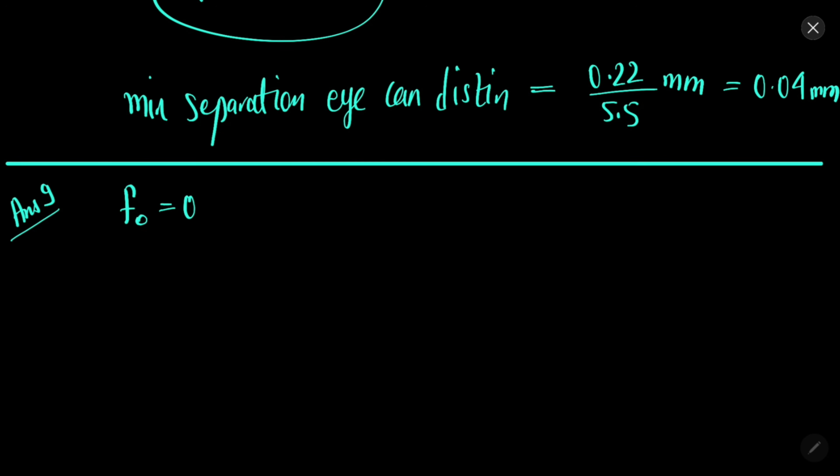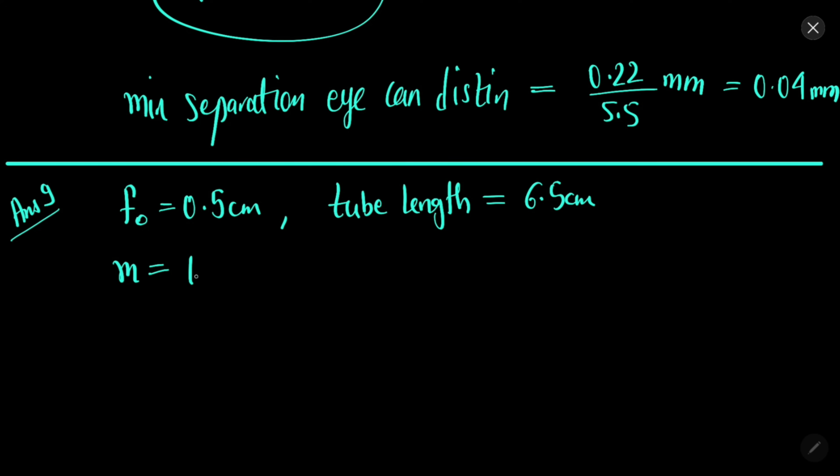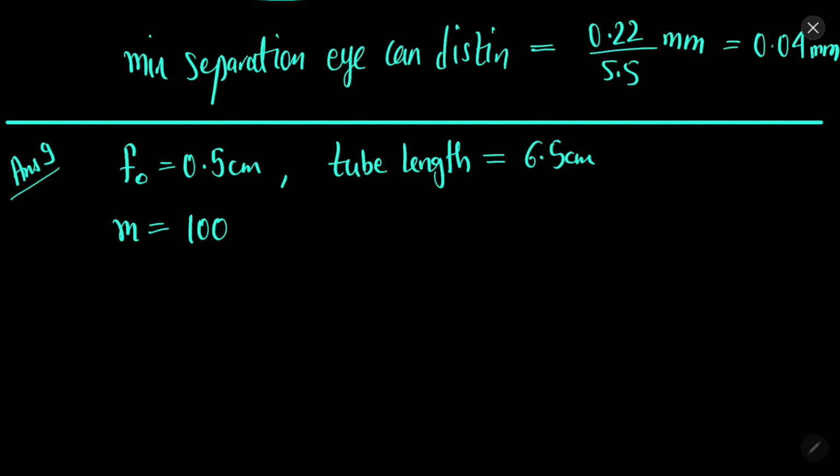FO is 0.5 cm, tube length is 6.5 cm, magnifying power is 100 for normal adjustment, that is when the image is obtained at infinity.